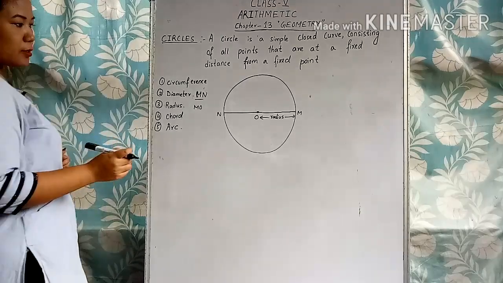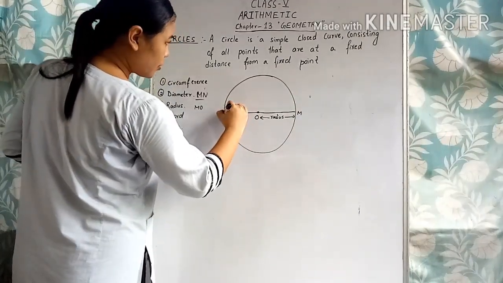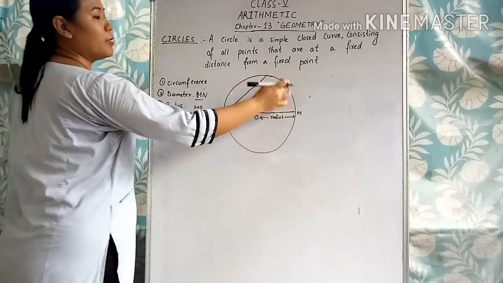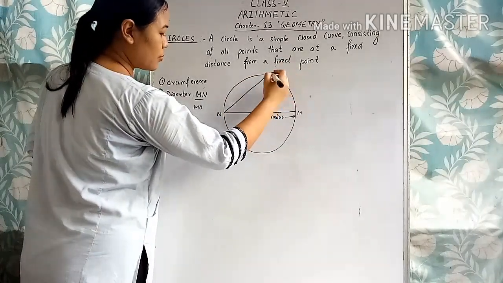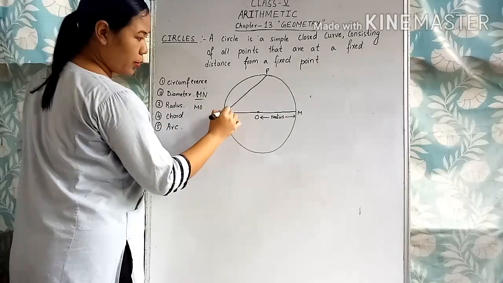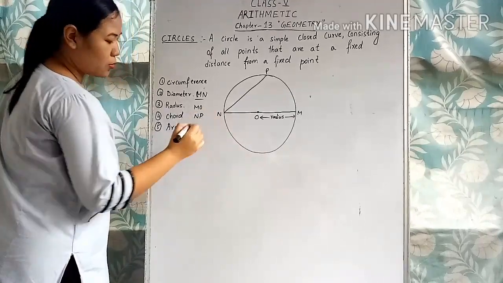Now chord. Now chord is from any point to another point in the circle. From this point, say this is P. So the line from this point to this point, NP, is a chord.